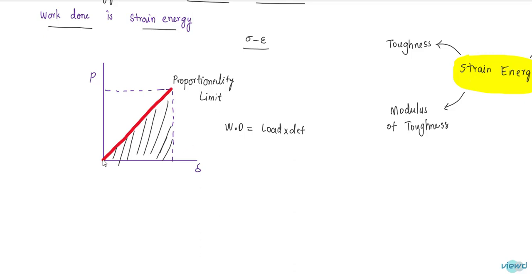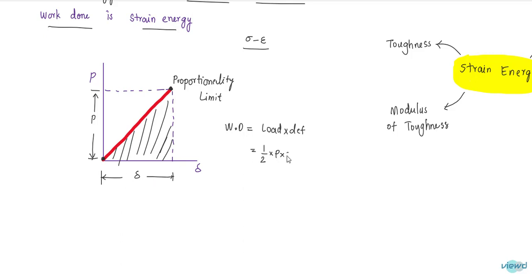So what is the load? Load changes from 0 to this point P. So this is load P. There is a gradual increase in load. As it is increasing in a straight line, that will be half into P. The deflection is delta.